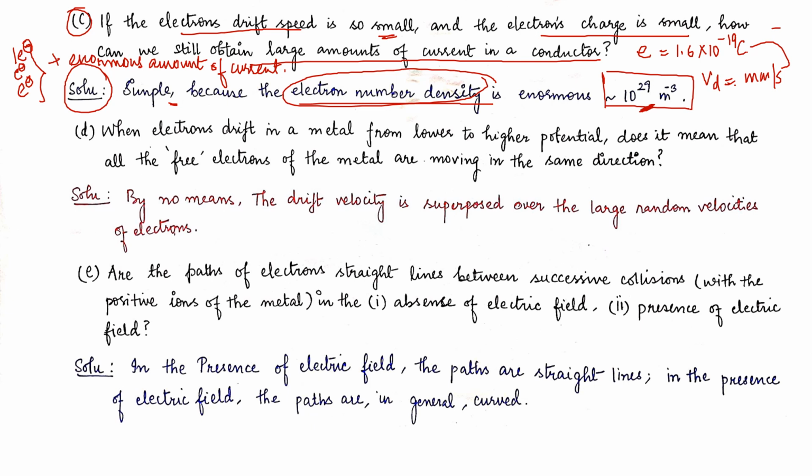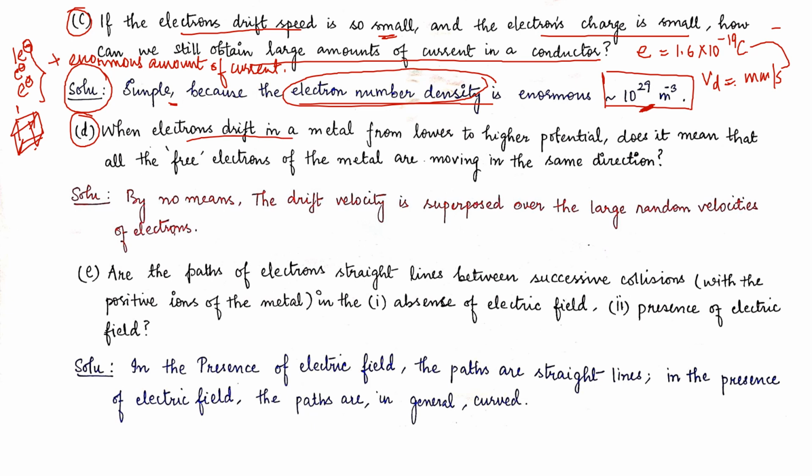The same applies here. Each and every electron contributes its amount of current, and the number of electrons in 1 cubic meter is enormous, which gives us an enormous amount of current. Hope you understood. We'll move to the next, that is the D subpart.